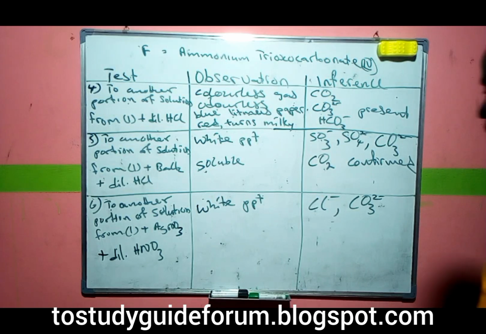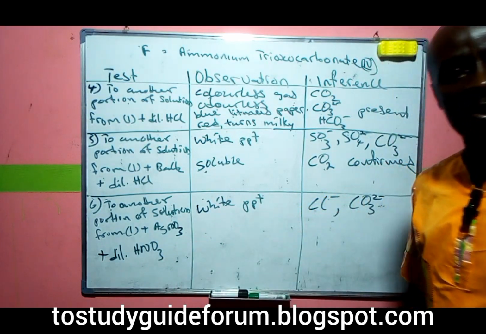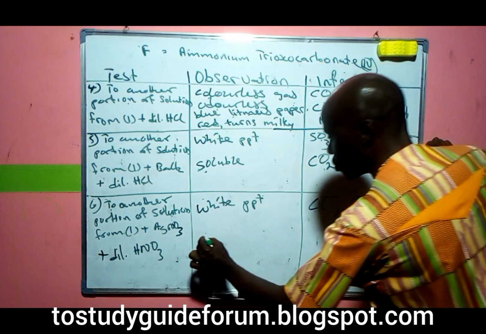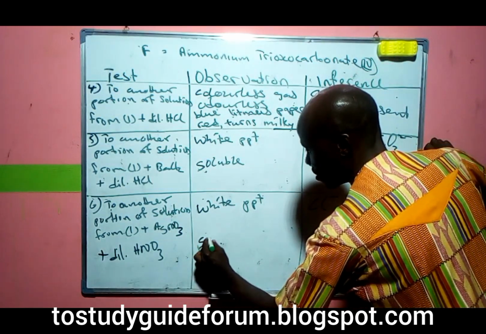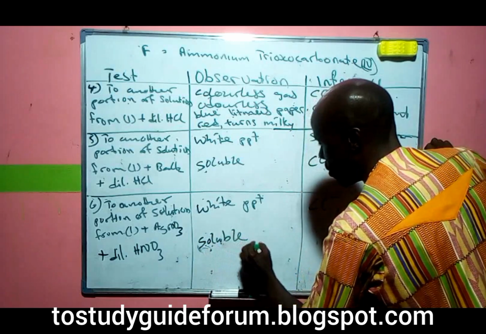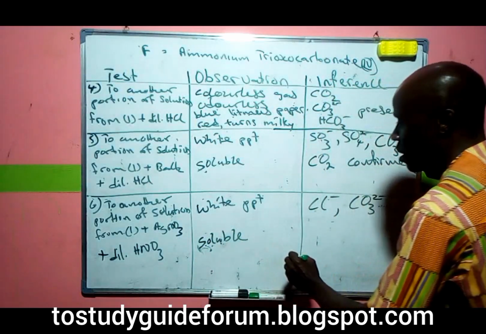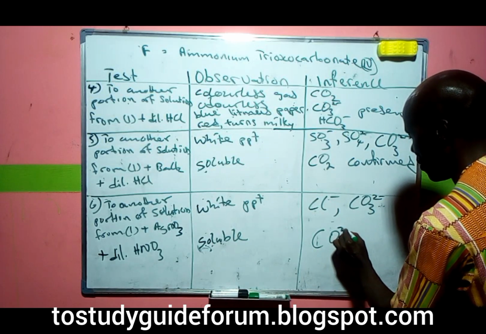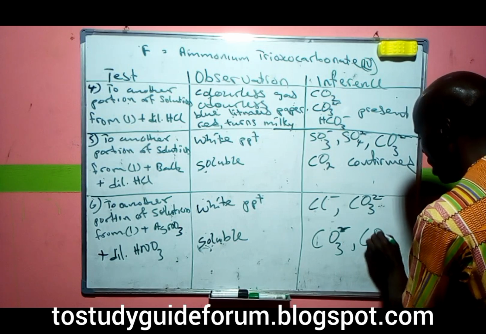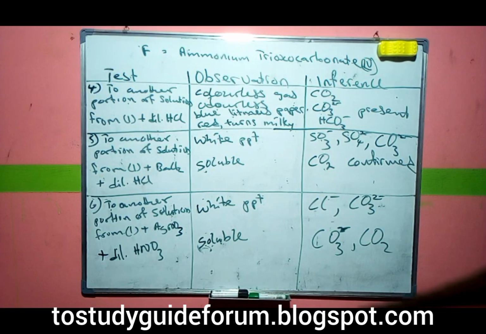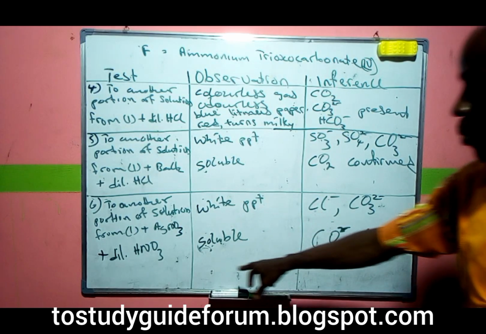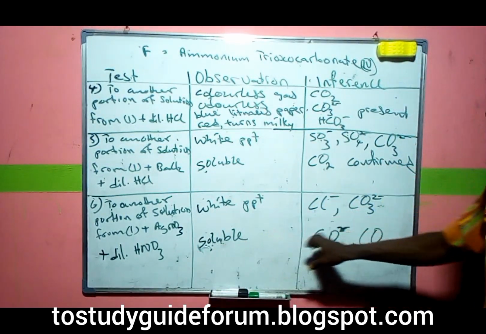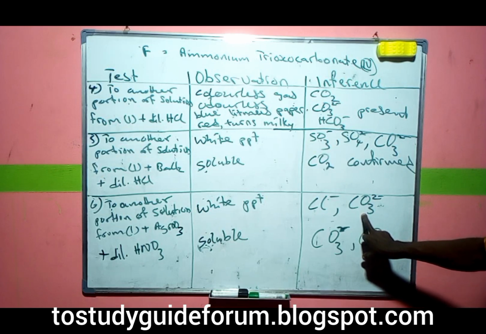So in this case, by adding dilute trioxonitrate 5 acid, you notice that it will be soluble, and that confirms the trioxocarbonate 4 ion and also carbon 4 oxide gas. The chloride precipitate will be insoluble when you add the acid, while being soluble means that the trioxocarbonate 4 ion is there.